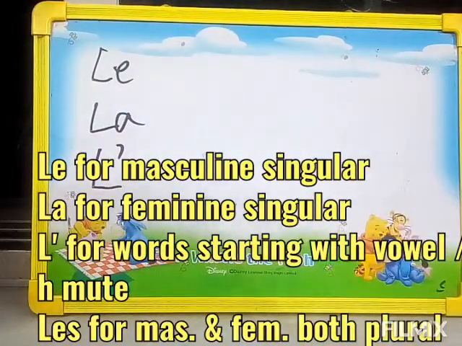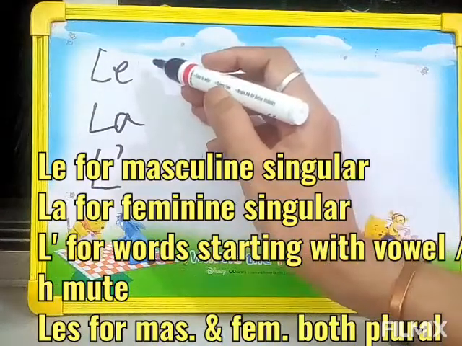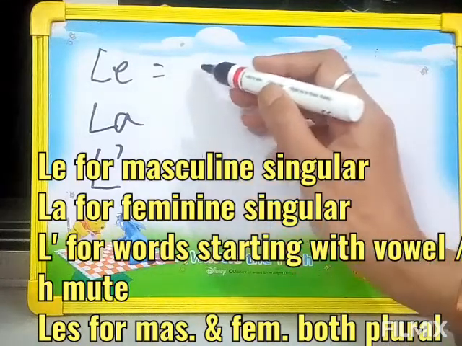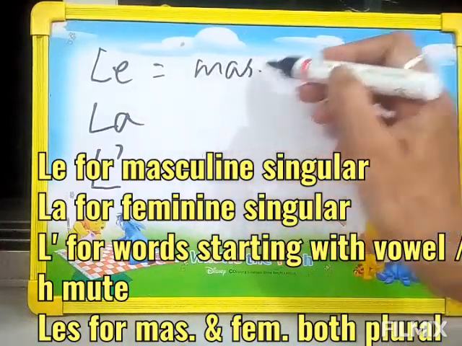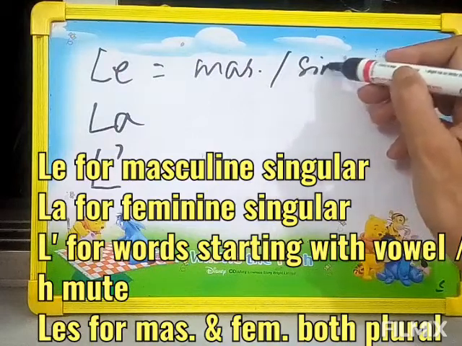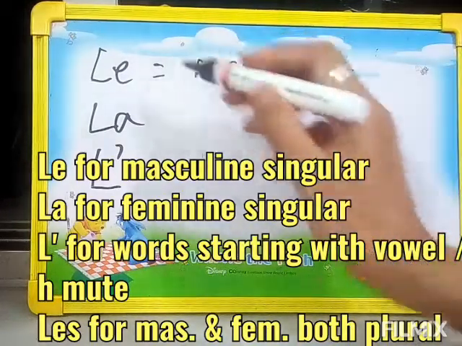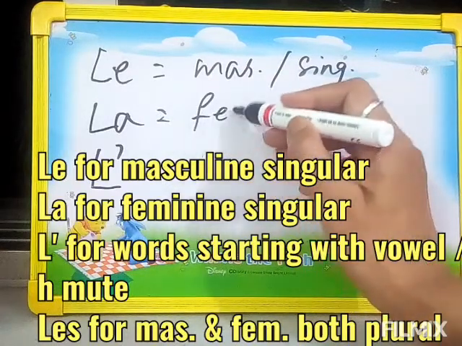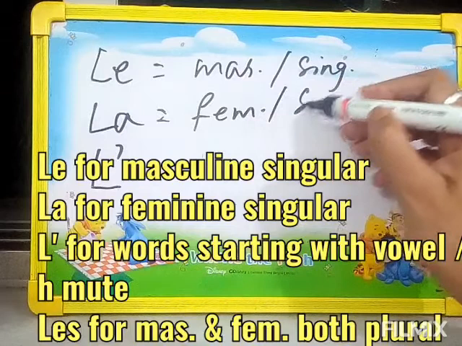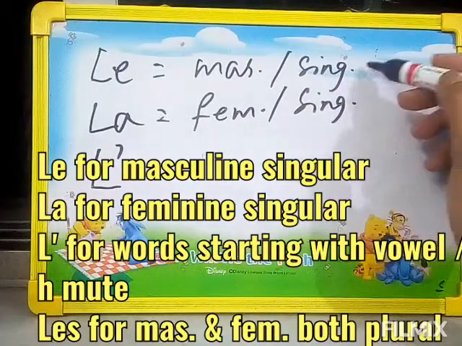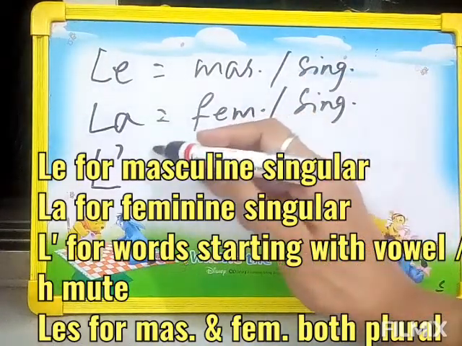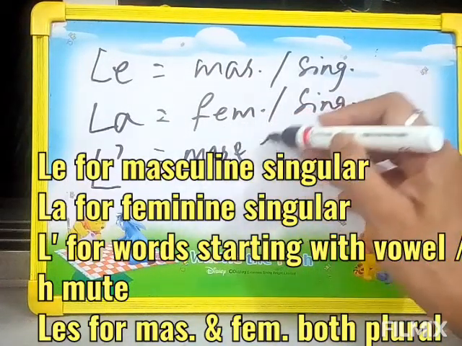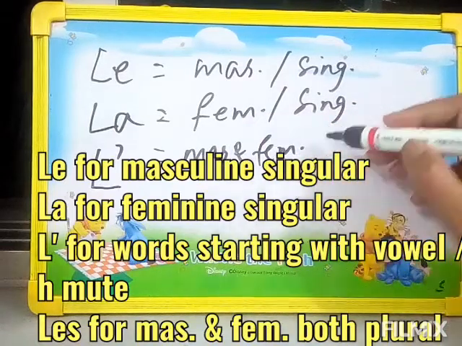In case of masculine singular, le will be used. That is one item. La is used for feminine singular. And L apostrophe, for masculine and feminine both.